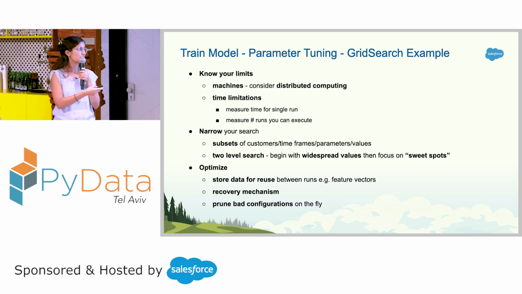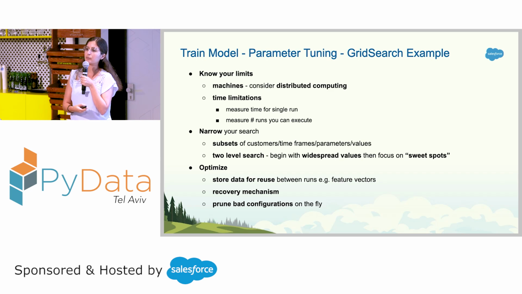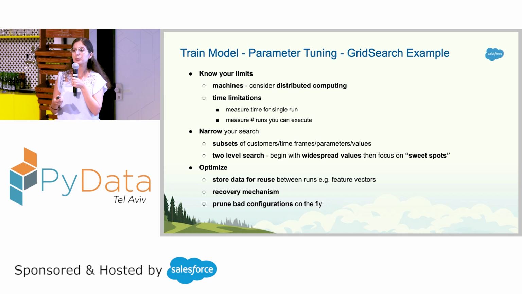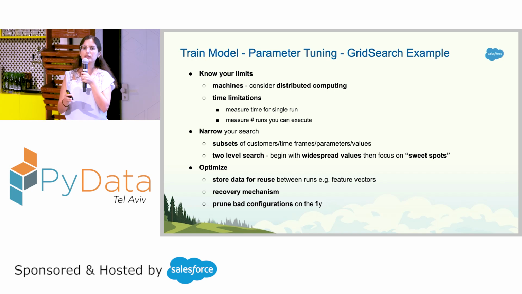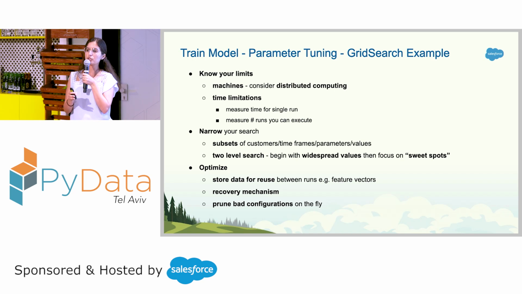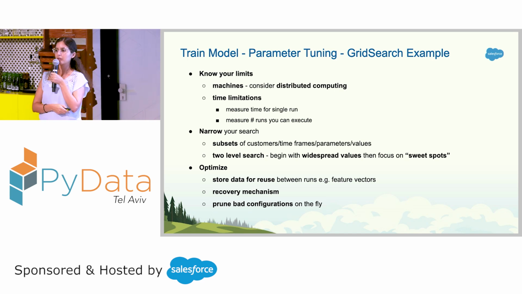You should probably also think of a recovery mechanism, and you can also prune bad configurations. If at some point you identify a configuration as bad, you decide what the point of identification is, but once you have identified a bad configuration, you just no longer examine it. What is a recovery mechanism?